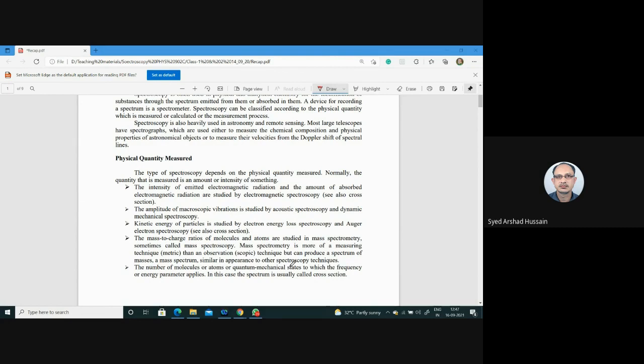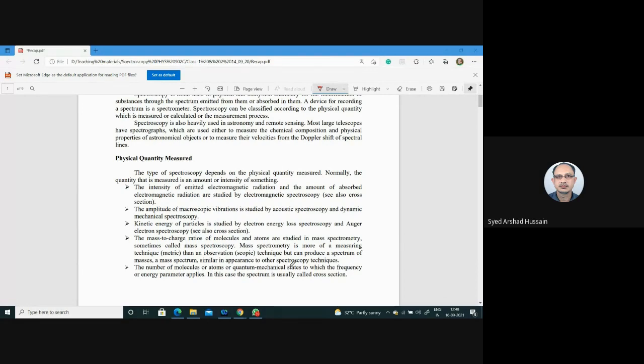So in spectroscopy, basically it deals with the interactions of radiations with matter, and at the end part, the resultant phenomena will be analyzed or measured. Based on the analysis of the output, there are several types of spectroscopy.